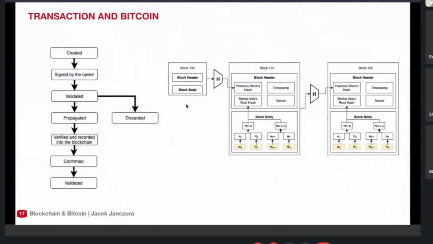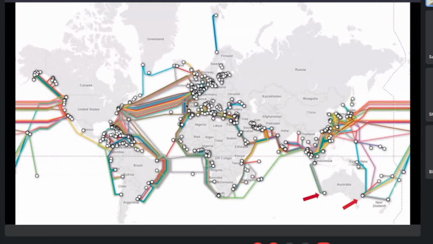Okay, let's focus on the attacks. Since blockchain is a distributed network, what happens if two people came up with the same hash at the same time, or we've got a country like Australia, there is a terrorist attack, and we cut Australia from the internet. This map shows the cables that connect different countries to the internet.